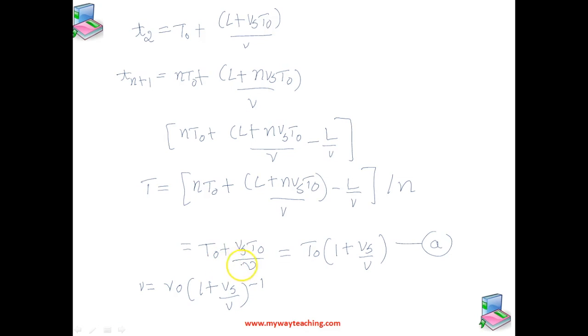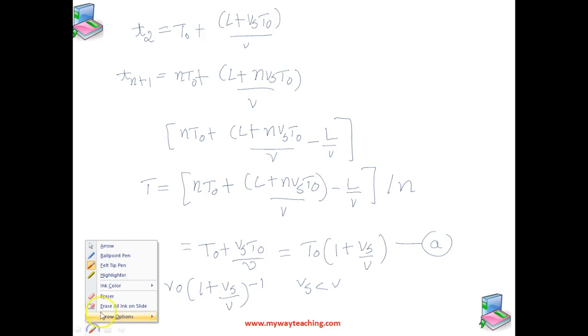If Vs is very small compared to V, then taking the binomial expansion to terms in first order in Vs by V, we can neglect the higher powers. Again, we can approximate this equation using the binomial approximation and neglecting the term which is negligible. It takes this form.